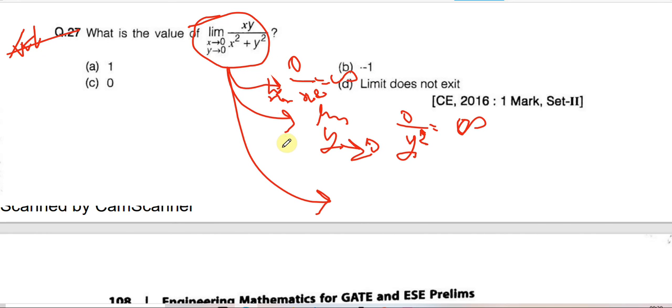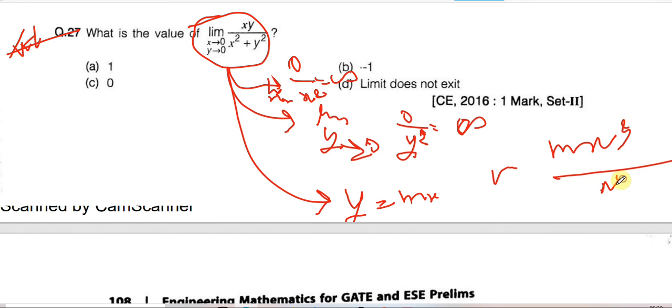Now in the third case what we will do, in the third case we will always put y equal to mx. So put y equal to mx here, the limit will be converted into m x square upon x square plus m square x square.